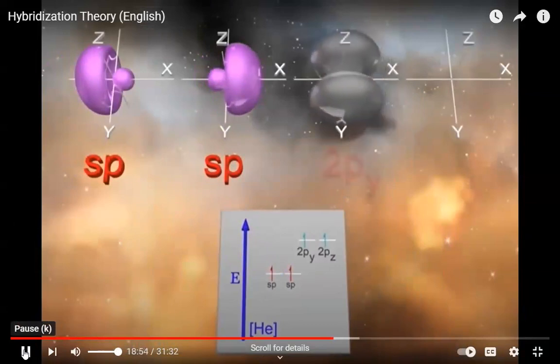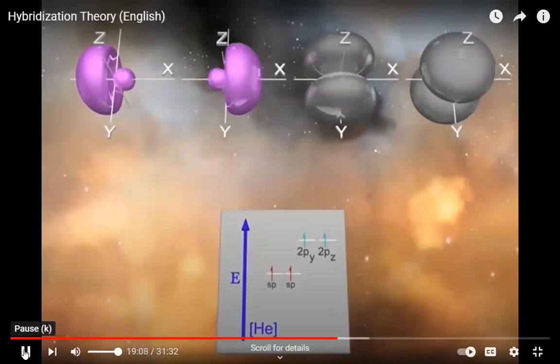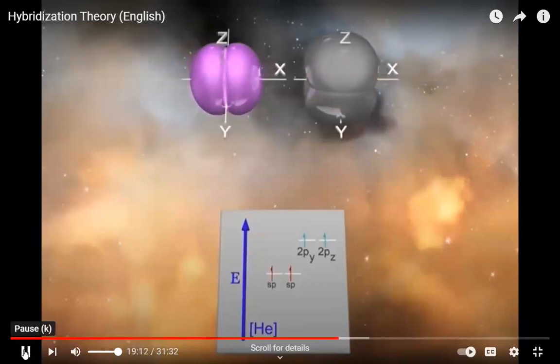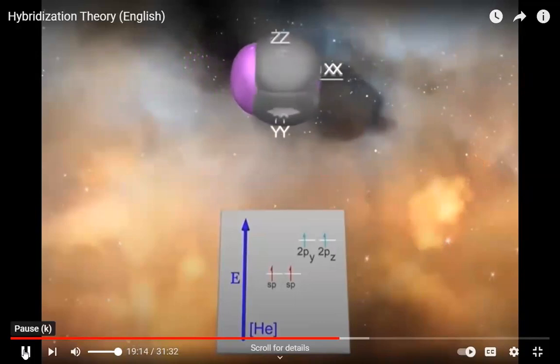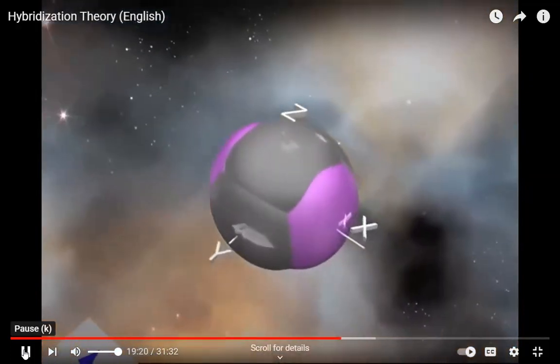As with all orbitals, look at these hybrid orbitals' three-dimensional shapes, where we find the electrons 90% of the time.